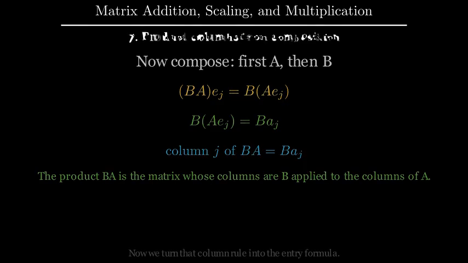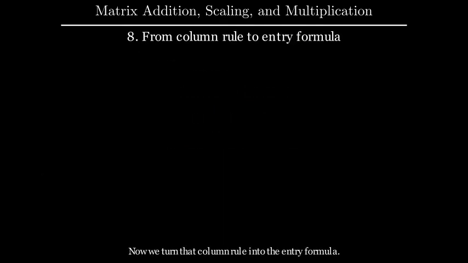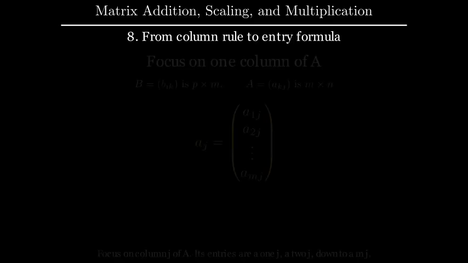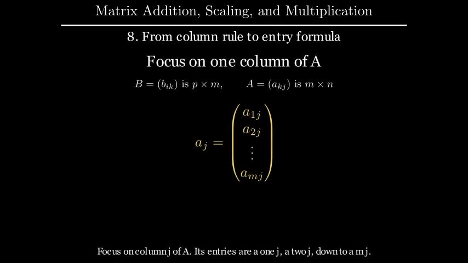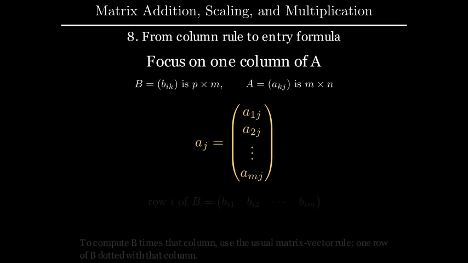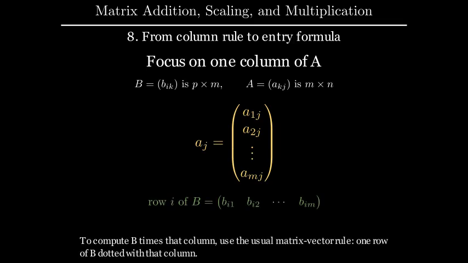Now we turn that column rule into the entry formula. Focus on column j of A. Its entries are A1j, A2j, down to Amj. To compute B times that column, use the usual matrix vector rule. One row of B dotted with that column.